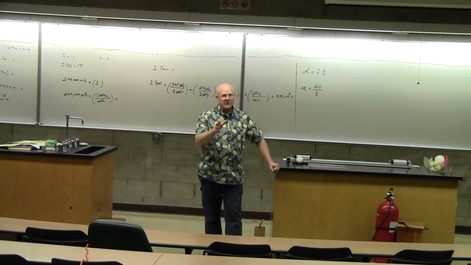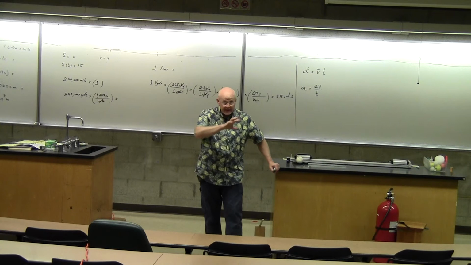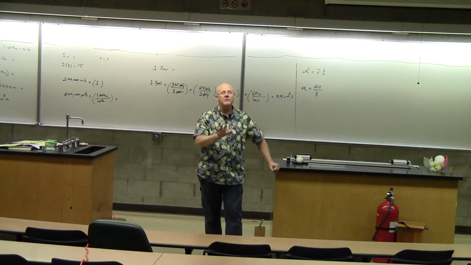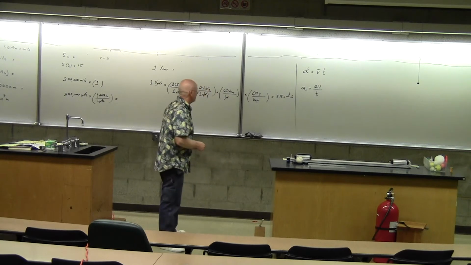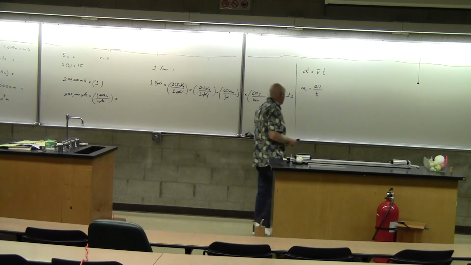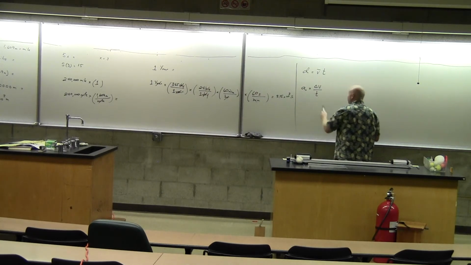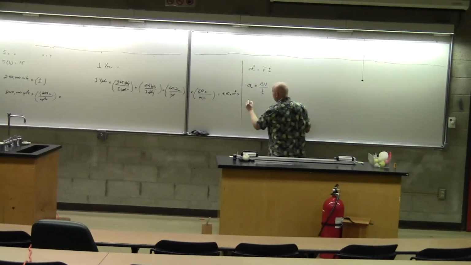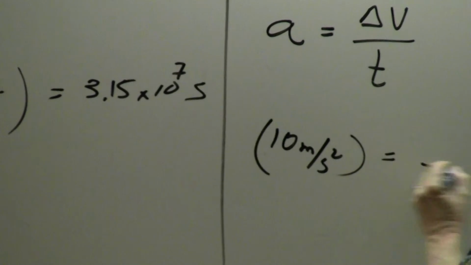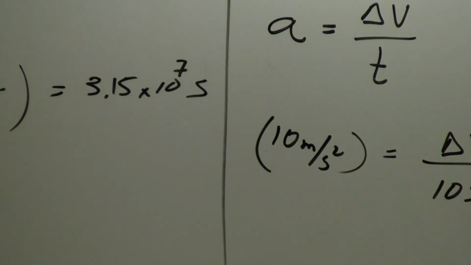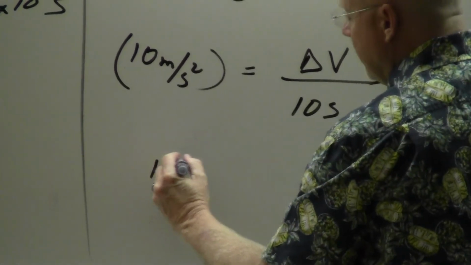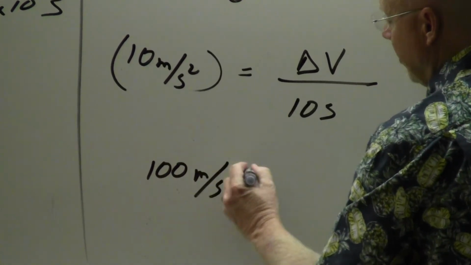Distance, speed, acceleration, all connected together, but don't confuse them. So let me start with that first question: how fast is it going after 10 seconds? I would say the acceleration is 10 meters per second squared. The time is 10 seconds. So the change in velocity would be 100 meters per second.